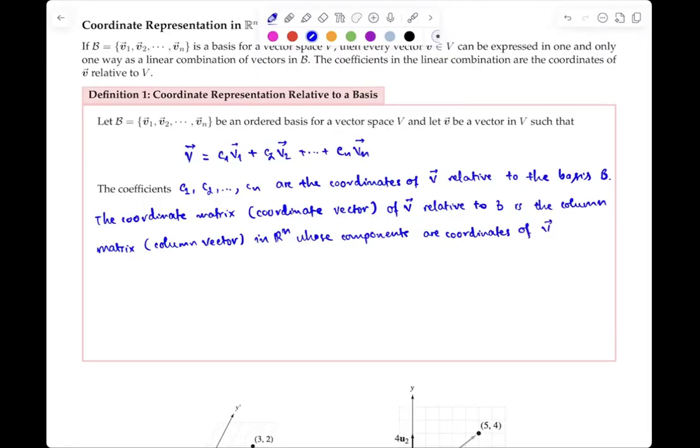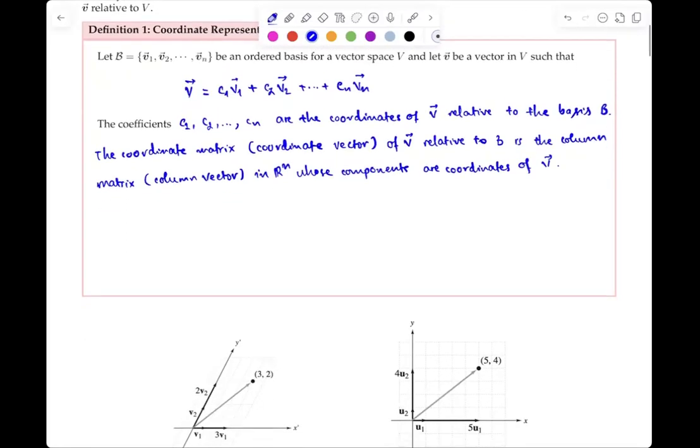Here's the notation you may want to know to illustrate the coordinate of a vector relative to a basis. You have vector V, you put a bracket around it, and underneath you write capital B, standing for the set of all the vectors you use for the linear combination.